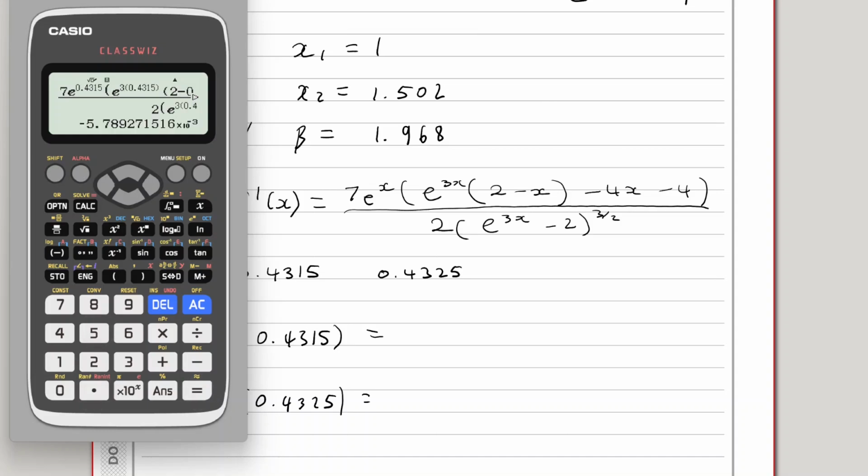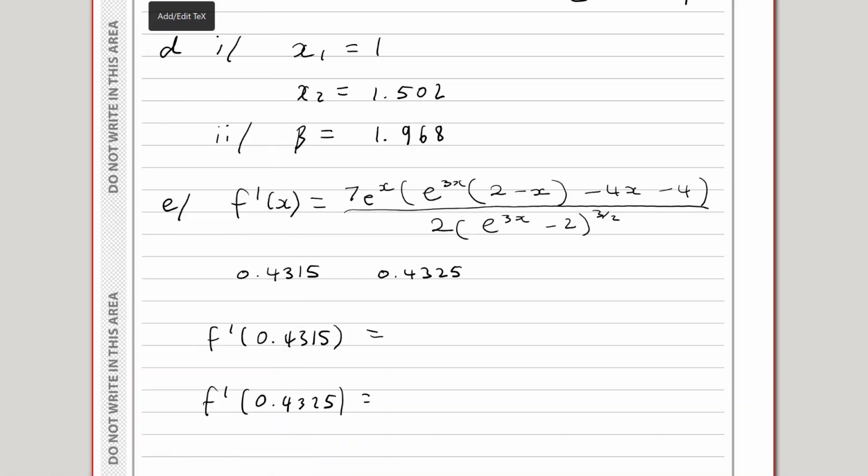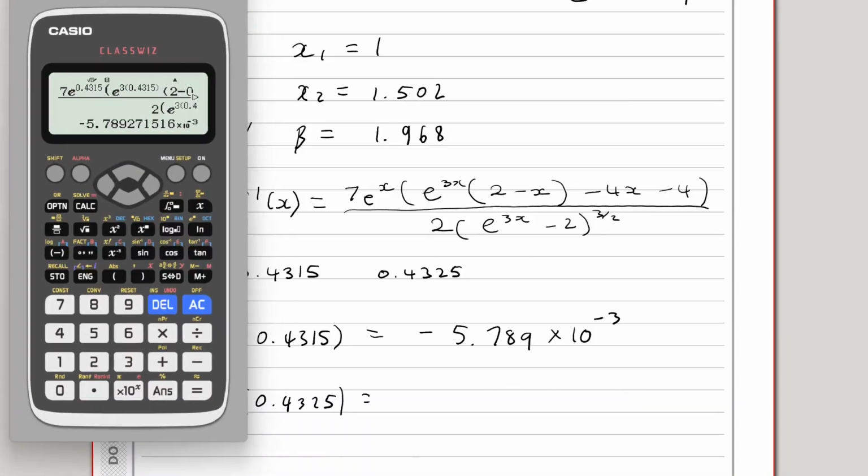So I've got minus 5.789 times 10 to the power of negative 3.